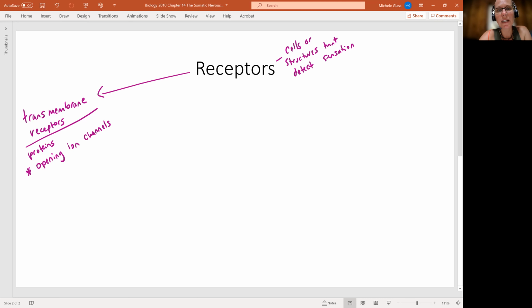When you open ion channels, we should think mostly this is talking about depolarization. Depolarization, remember, is the movement of a positive charge into the cell, making the cell more positive. That's a stimulation, right?